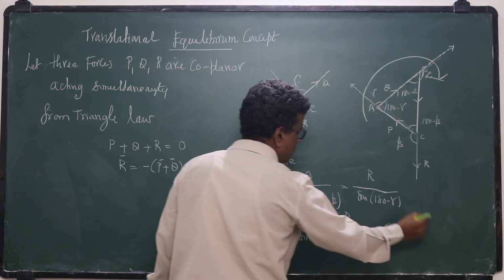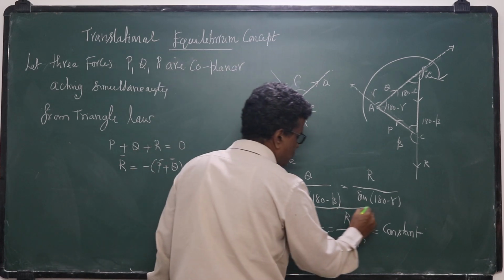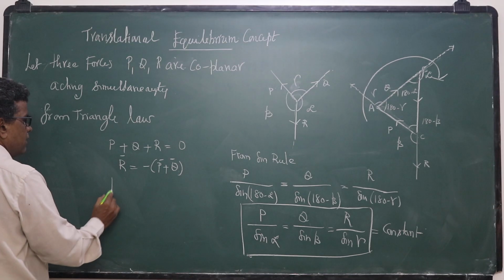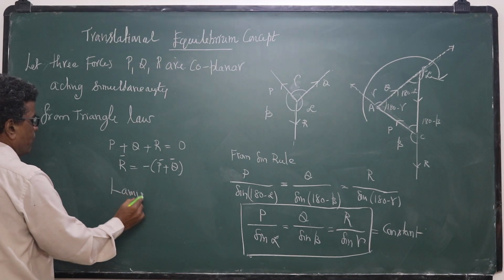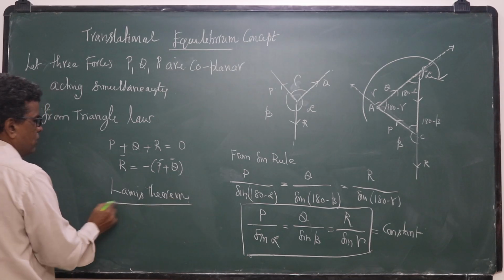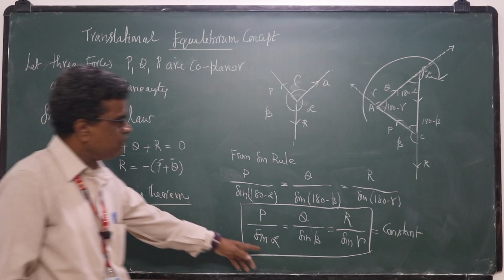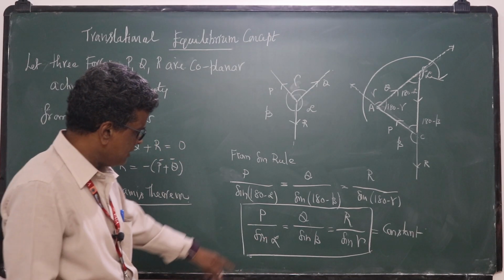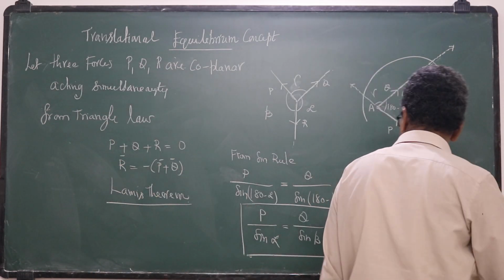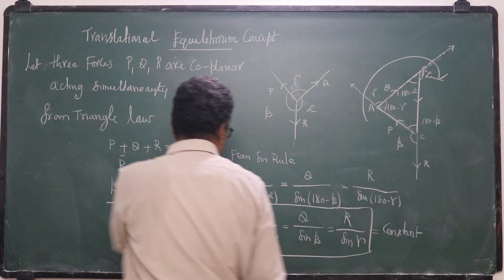Okay, so this rule, this theorem, we can call it Lamé's theorem. Frequently we can call it the sine rule or Lamé's theorem. That is, P is proportional to sine alpha.